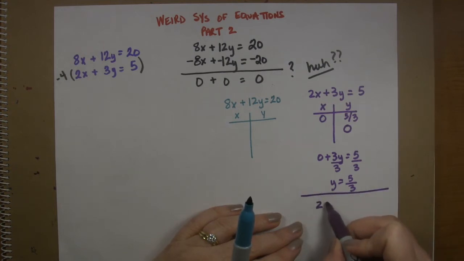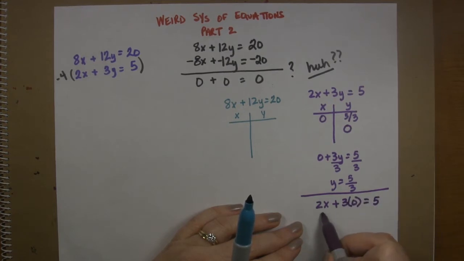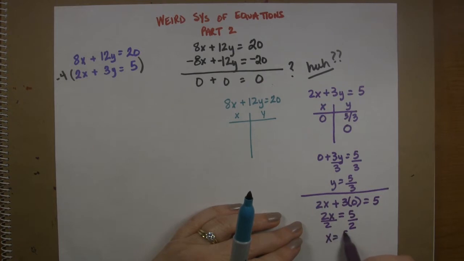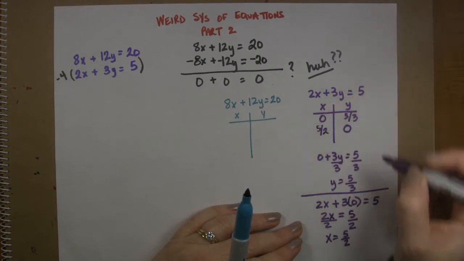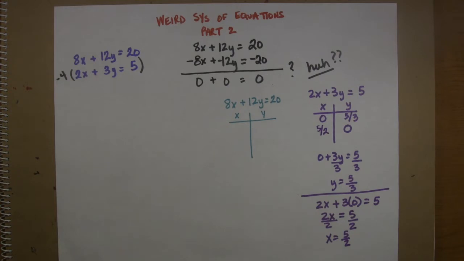So that's 2x plus 3 times 0 equals 5, which would be 2x, this all goes away, equals 5. Divide by 2, I get x equals 5/2. So I'm just going to put that down here. Now again, I could change that into a mixed number, which would be 2.5, but for our purposes right now, I'm just going to leave it that way.